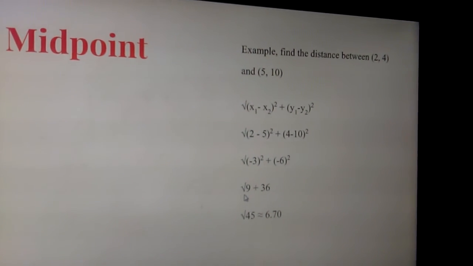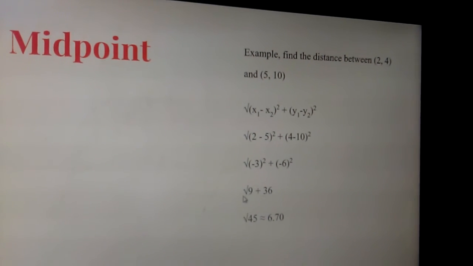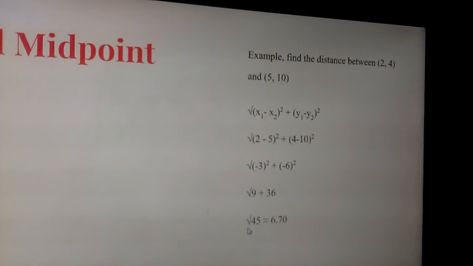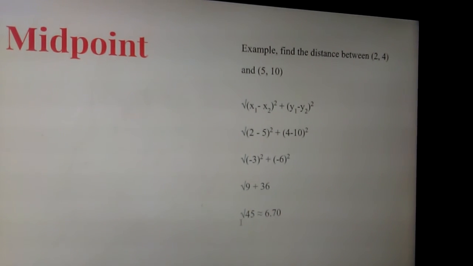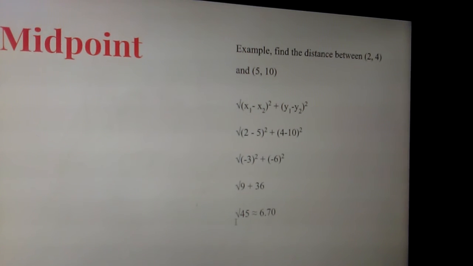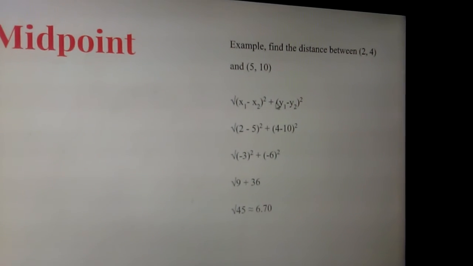Then you would have 9 plus 36, and then you would take the square root of 45, which is about 6.7.